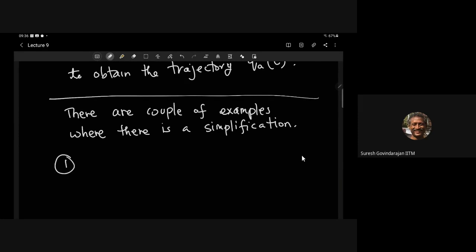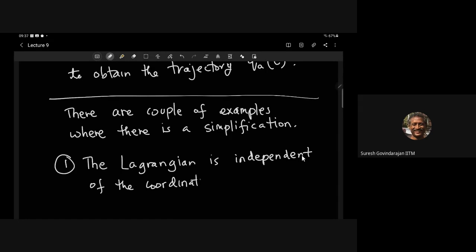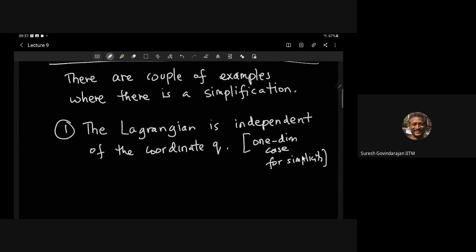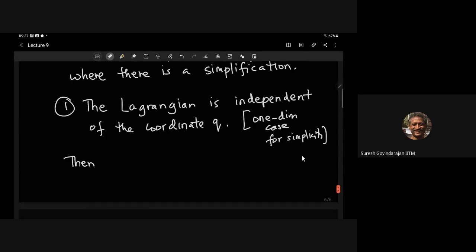The first thing is L, the Lagrangian, is independent of q. So I'll stick to just one dimensional. Okay, so then what does this mean?